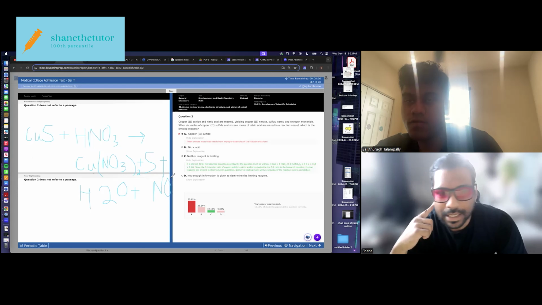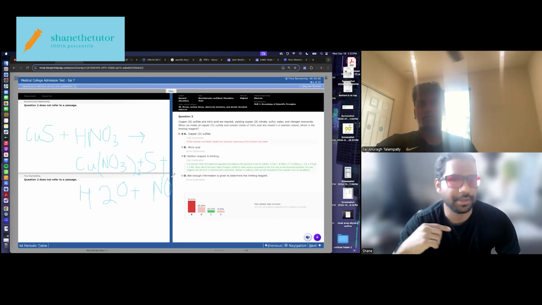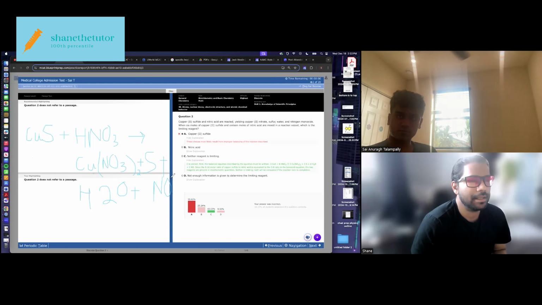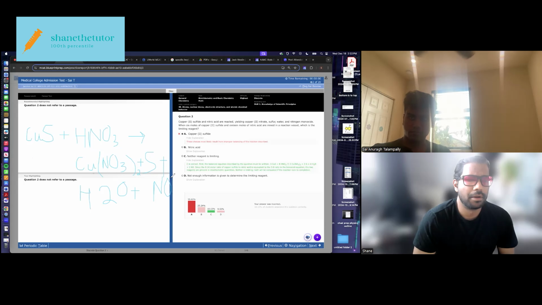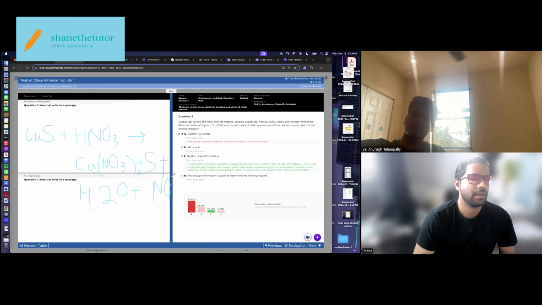So copper 2 sulfide and nitric acid are reacted, yielding copper 2 nitrate, sulfur, water, nitrogen monoxide, when 6 moles of copper 2 sulfide and 16 moles of nitric acid.